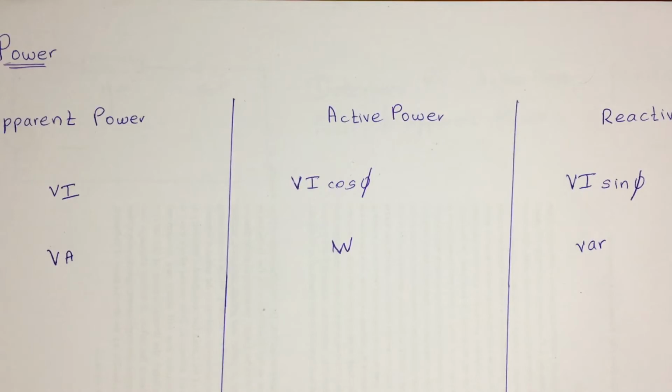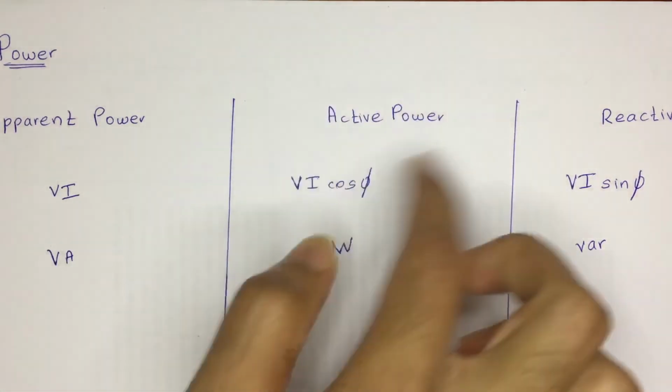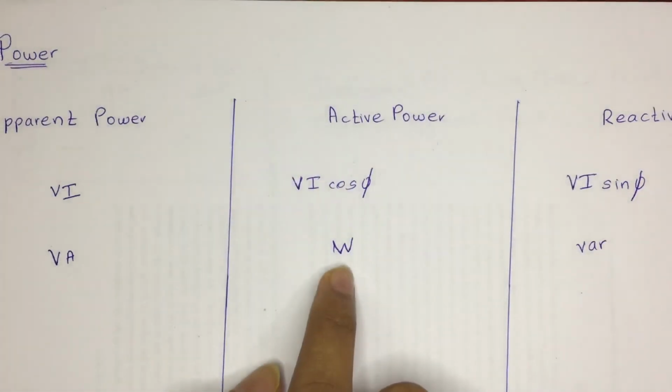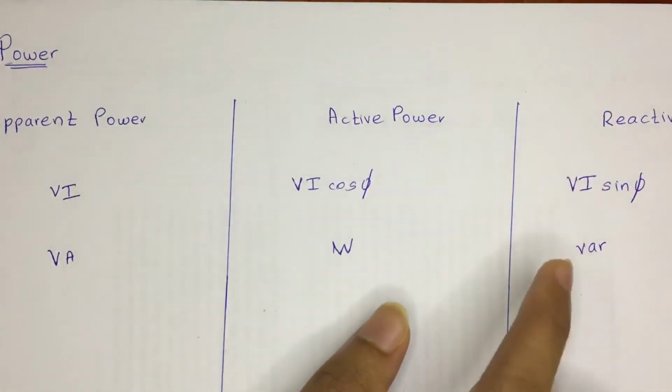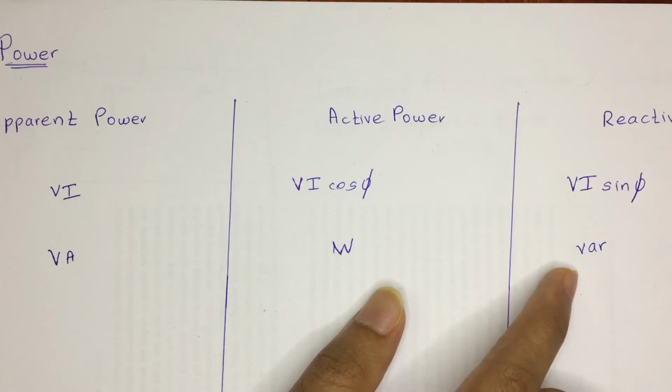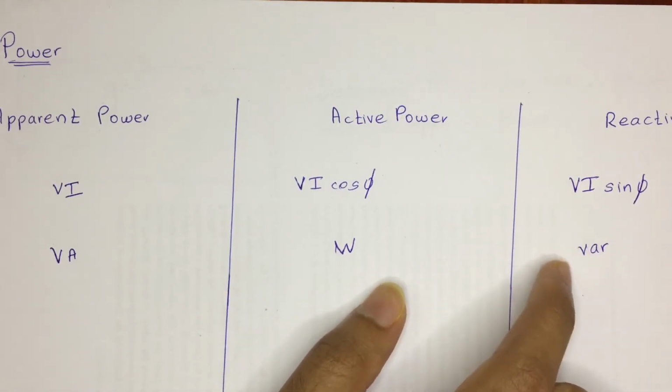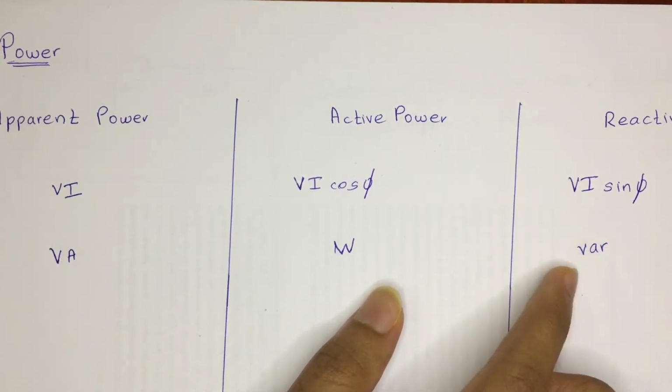So you can directly use the apparent power would have the equation of Vi. So these are the things you need to know. And the unit for the active power is watt, and the reactive power unit is VAR. Sometimes they will write in simple letters, however you can see it in capital letters too.